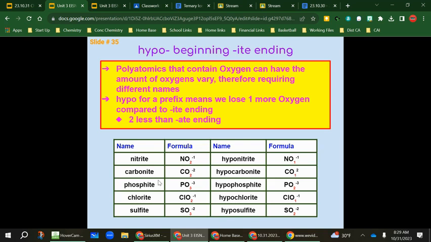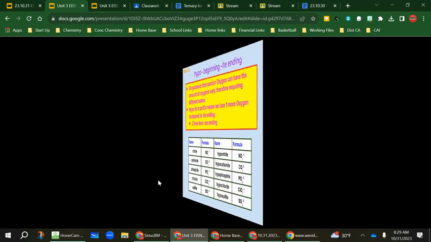Hypophosphite is PO2. Chlorate is ClO3. Chlorite is ClO2. Hypochlorite, ClO. Sulfate is SO4. Sulfite is SO3. Hyposulfite is SO2. Questions? Okay.